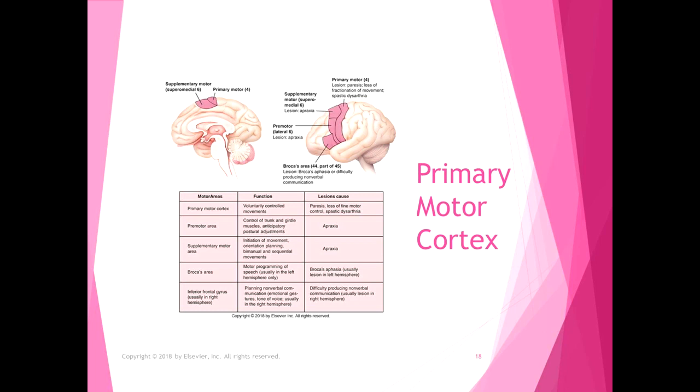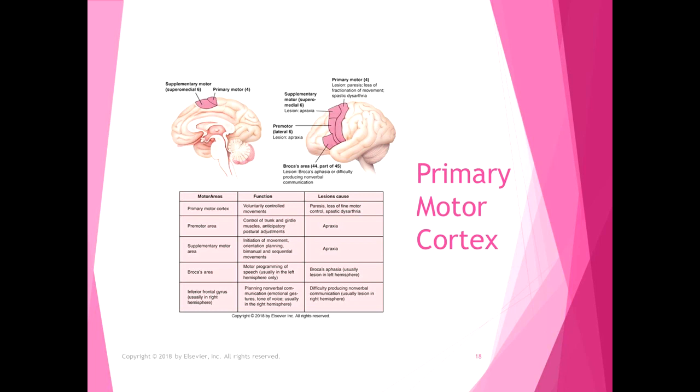Broca's area, which we will talk about more in the upcoming module, it's motor programming of speech, and it's usually only in the left hemisphere. Broca's aphasia is usually a lesion in the left hemisphere, and we'll talk more about Broca's aphasia in the communication chapter.